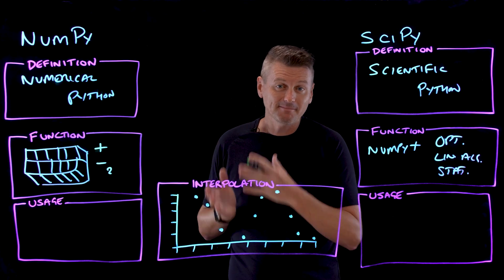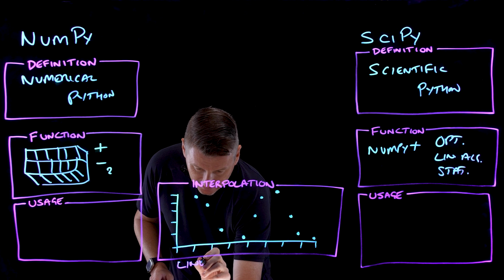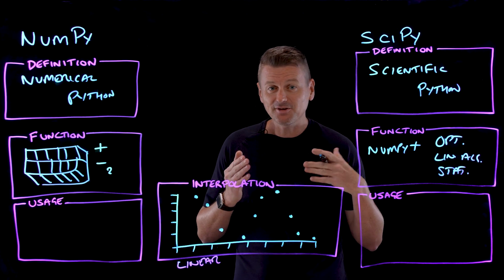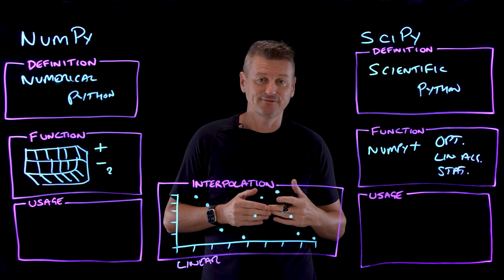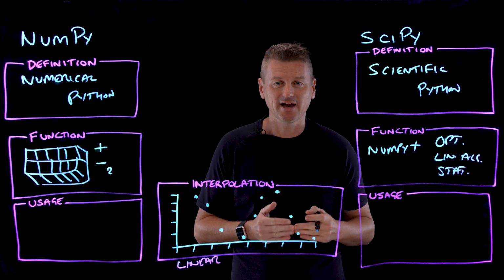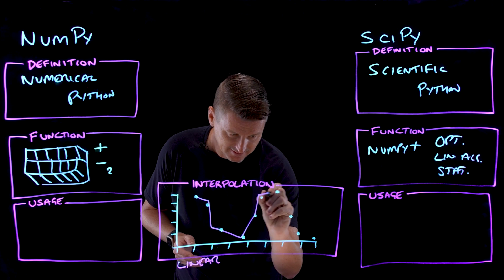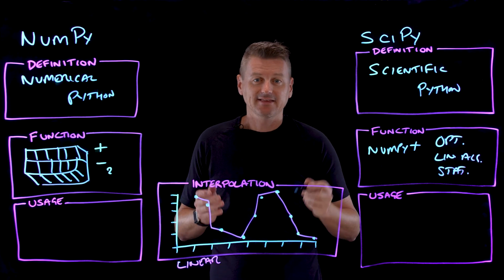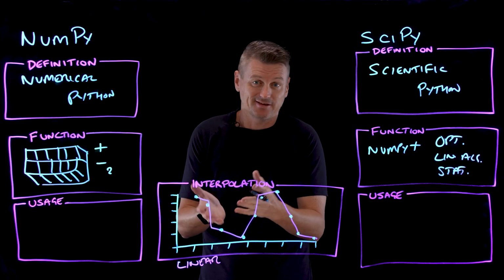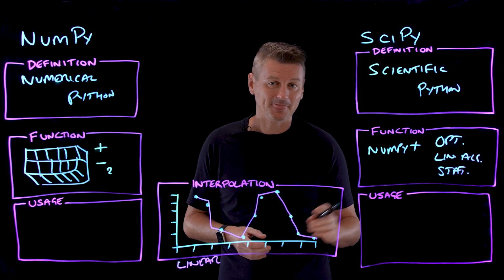Now with NumPy, we can perform what is called a simple linear interpolation. And that uses the np.interp function. Now this involves fitting a straight line between each pair of known points, like this, and using this to estimate the unknown values. It's quick, it's efficient, and it's often good enough for simple use cases.